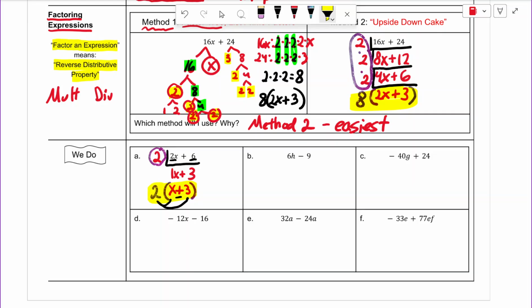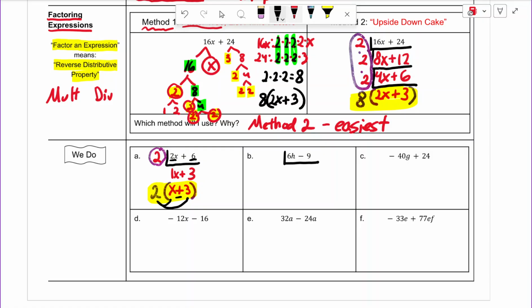All right, let's try B. My upside down division bar. I have a minus sign now. That's okay, we'll leave it there. And 6h and 9. What number can go into both?